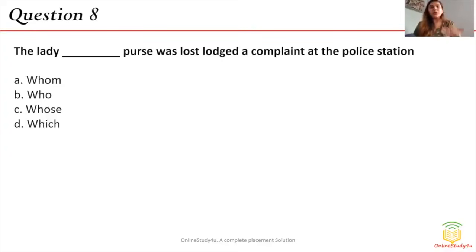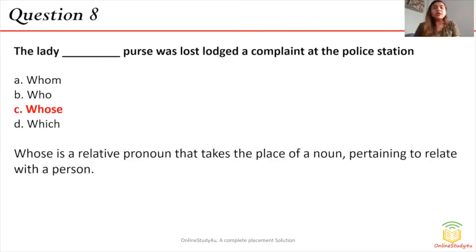Whose purse, right? So we are trying to describe that this particular lady whose purse was lost is lodging a complaint, right? So the correct answer out here is whose, and whose is the relative pronoun which takes the place of a noun pertaining to a person. And here we are talking about the lady who lost her purse. So whose is the correct answer to this question.